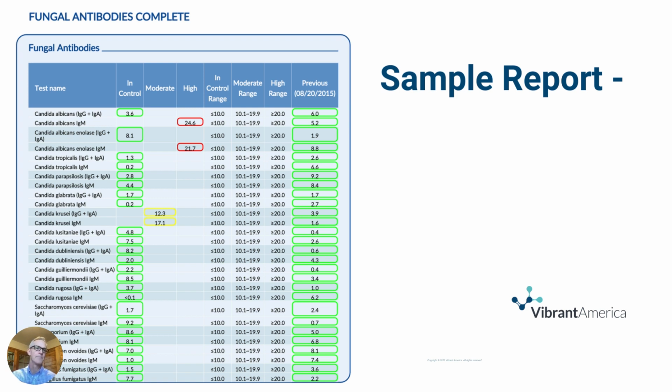But if you've got a couple of moderate IgGs, more than likely this is an older infection, probably not contributing to that person's clinical symptoms. Whereas if you've got a lot of red on this test and it's extremely high, that tells me that the immune system is still paying quite a bit of attention to that fungus. And so therefore, it's going to increase my clinical suspicion and probably make me go after treating that.